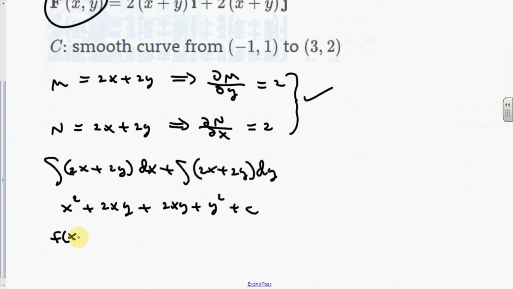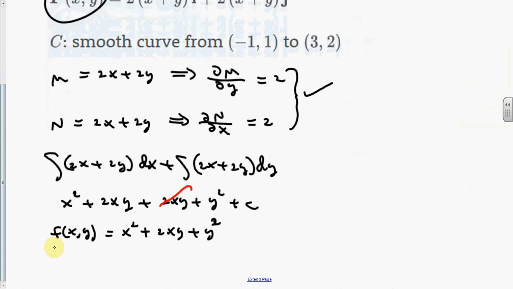So we claim that the potential function is x squared, get rid of one of those that's repeating, plus 2xy plus y squared.